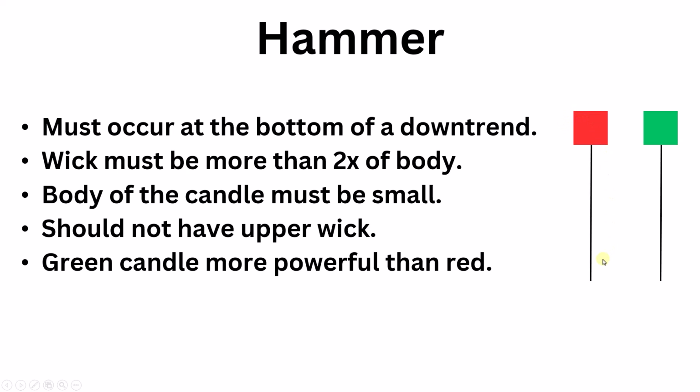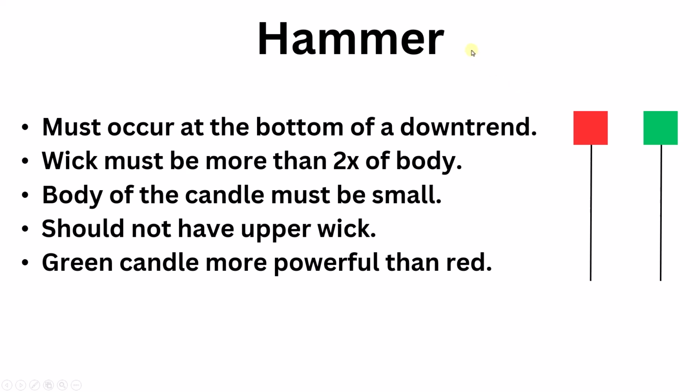And what are the features? Let us see. First is that this hammer must occur at the bottom of a downtrend, meaning before this hammer occurs, it should be a downtrend.